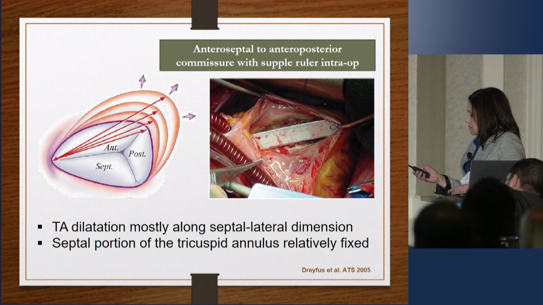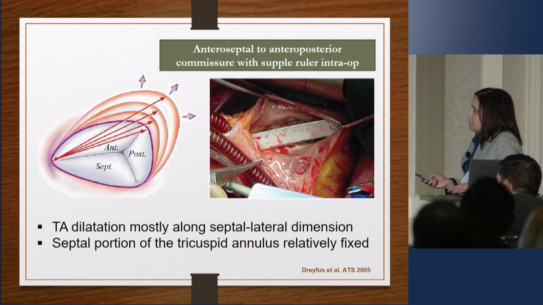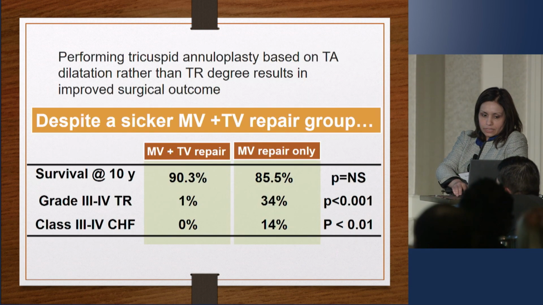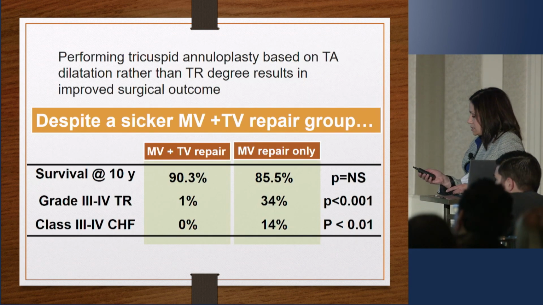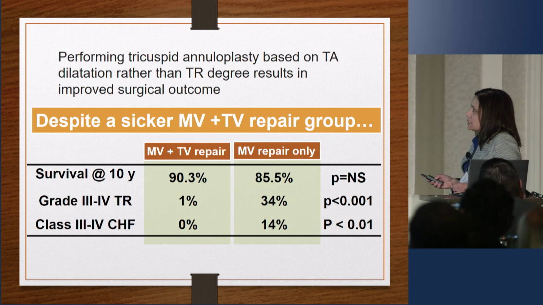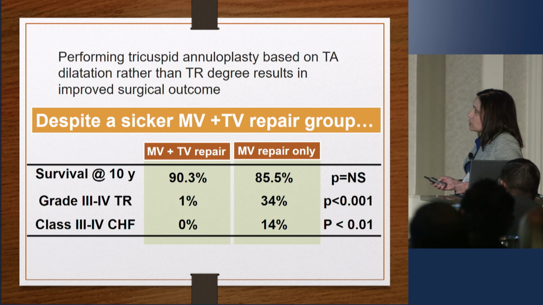We learned about 10 years ago, and this was also mentioned this morning, that tricuspid annular dilatation tends to occur along the septal-lateral dimension, so along the free wall of the right ventricle. This study was done by the same group, Dreyfus and his group, and what they showed was that performing a tricuspid annuloplasty based on tricuspid annular dilatation rather than tricuspid regurgitation degree results in improved surgical outcome.